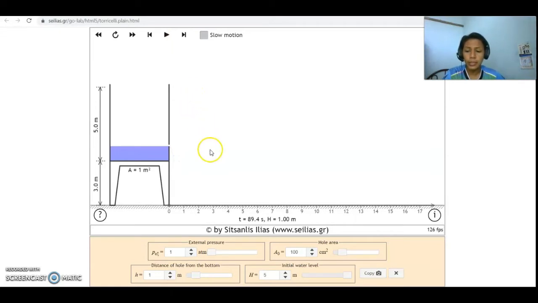After that, we record the time taken of the water flow from the beginning until it stops. After that, we repeat the step, changing the distance of the hole from the bottom to 2 meter, 3 meter, 4 meter, and 4.5 meter. That's all from me. Thank you.